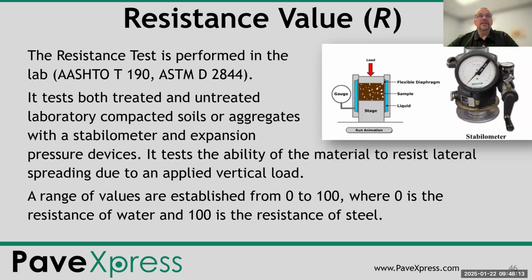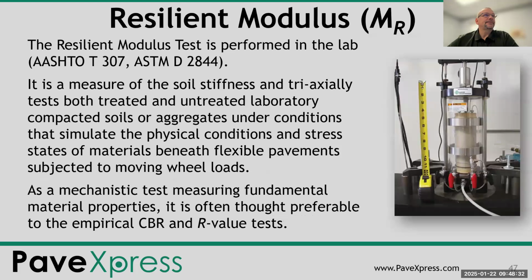It tests the ability of the material to resist lateral spreading due to an applied vertical load. The range of values is established from 0 to 100, where 0 is the resistance of water and 100 is the resistance of steel. So it kind of gives you a relative resistance to spreading out value.